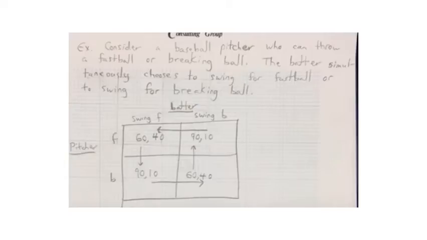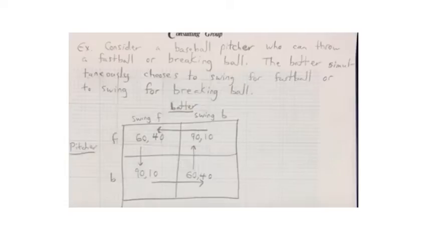If they always swing for a fastball, they're always going to get a breaking ball pitched to them from the pitcher, and they're only going to get a hit 10% of the time. And similarly, if the batter always swings for breaking ball, then they're always going to see a fastball from the pitcher, and they're only going to get a hit, again, 10% of the time.